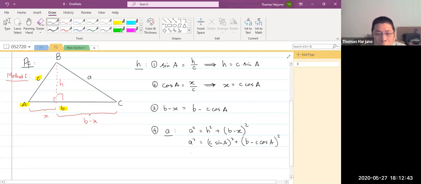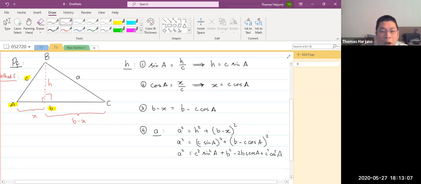Now when I go on, this is c squared sine squared A plus b squared minus 2bc cosine A plus c squared cosine squared A.